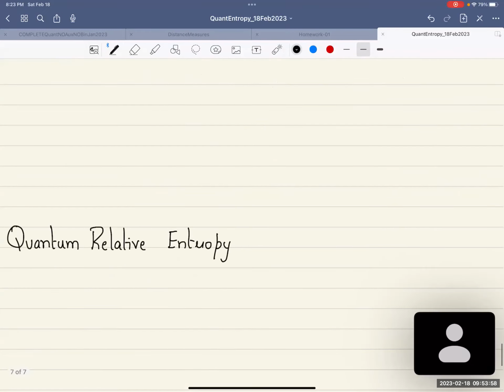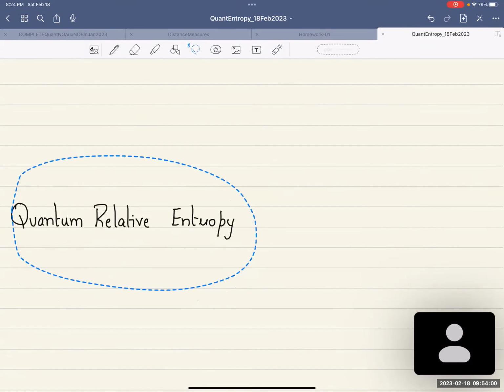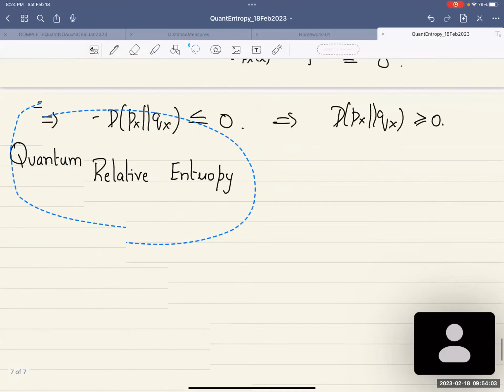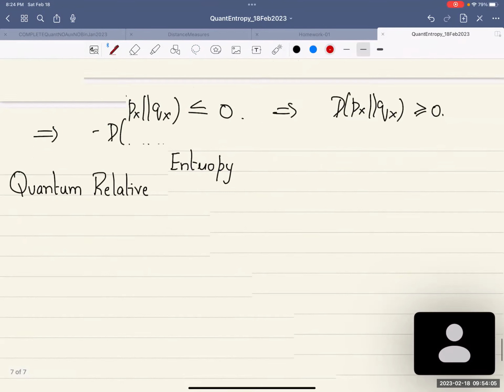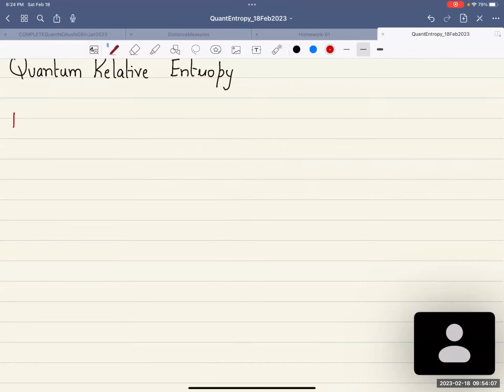Okay. So now I will define the quantum relative entropy and prove an analogous thing, which is called Klein's inequality. So, definition.